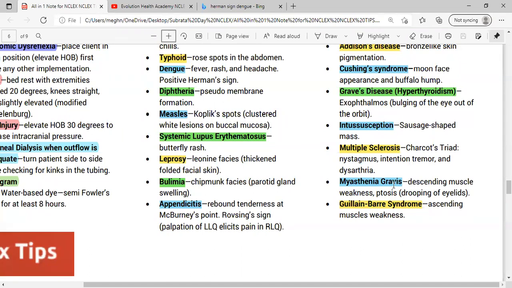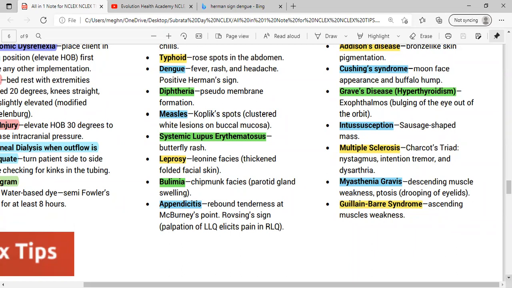In myasthenia gravis, the most important feature is descending muscle weakness or paralysis, and also ptosis, which means drooping of the eyelid. Guillain-Barré syndrome: most commonly ascending muscle weakness.